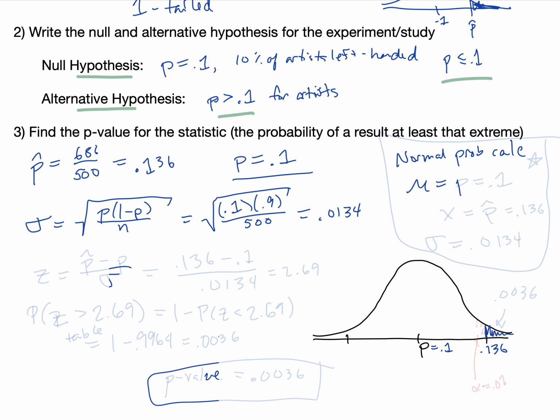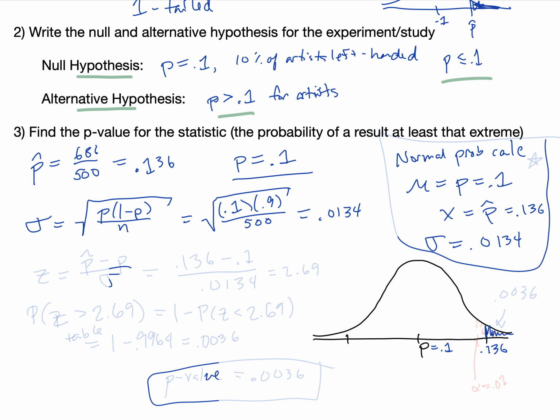Now, again, you could either do this using technology, you could find a normal probability calculator, and here the mean for the distribution is the proportion that's expected by the null hypothesis, 0.1. The observed value is our sample proportion, our data value x, so p hat is 0.136, and our standard deviation would be what we just calculated, 0.0134.